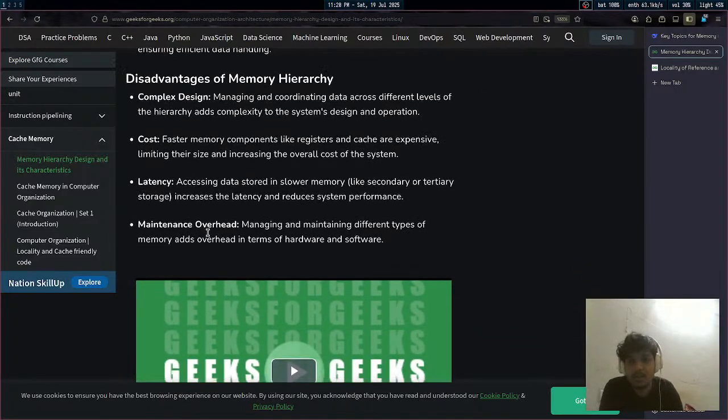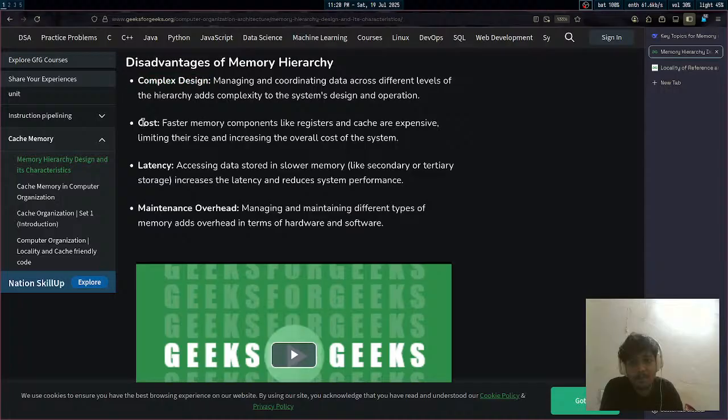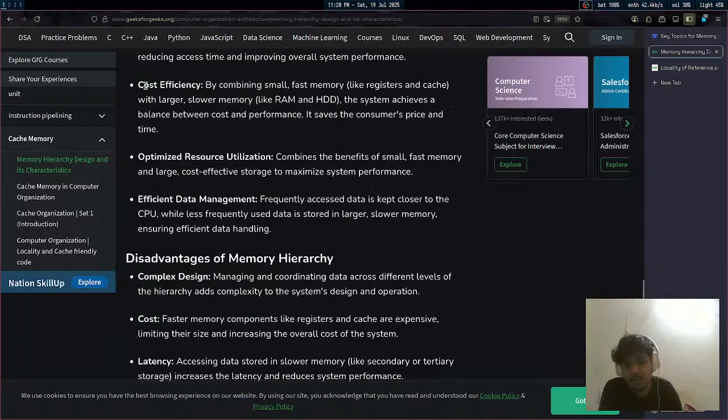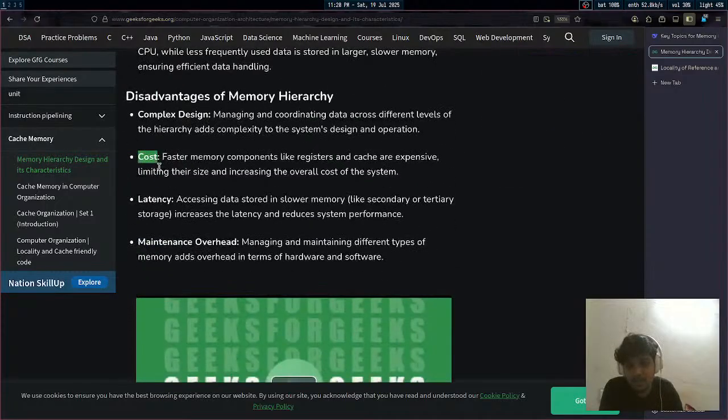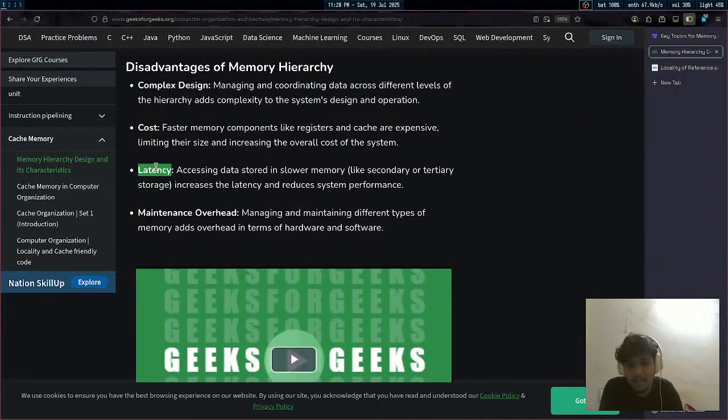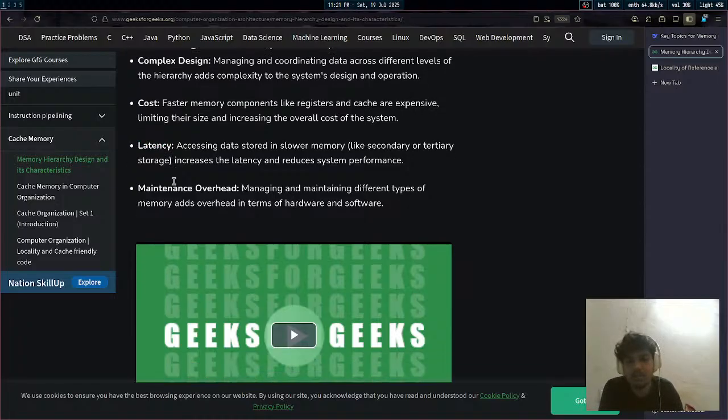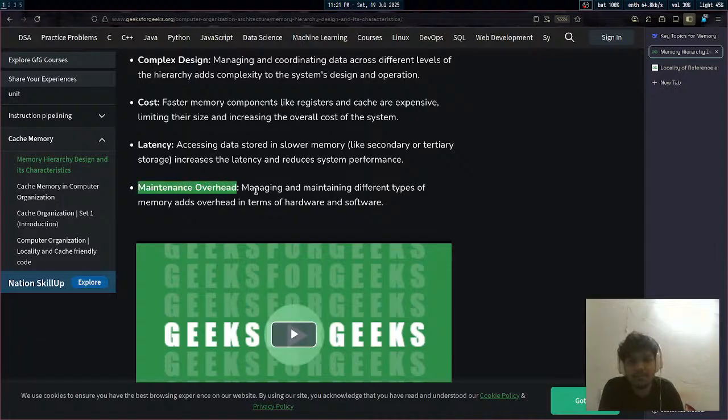Disadvantage, yeah, complex design. Again, how can this be both if you are saying it like that? I don't really know. Latency, of course, if you are buying something, you are not getting it for free, right? So how can this be advantage and disadvantage both at the same time? Latency, accessing data stored in slower memory increases the latency, yeah, but got it, there is not much to argue. Maintenance overhead, managing and maintaining different types of memory adds overhead.